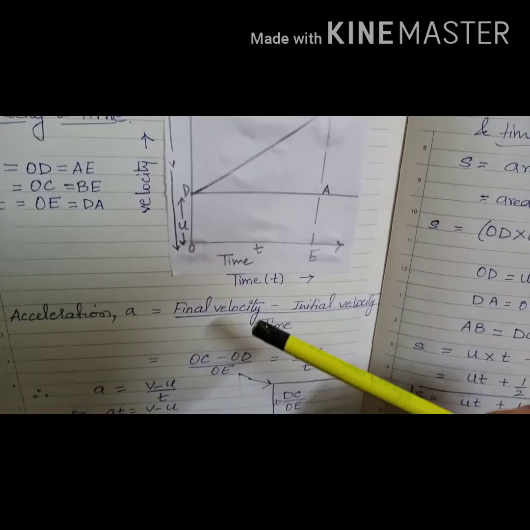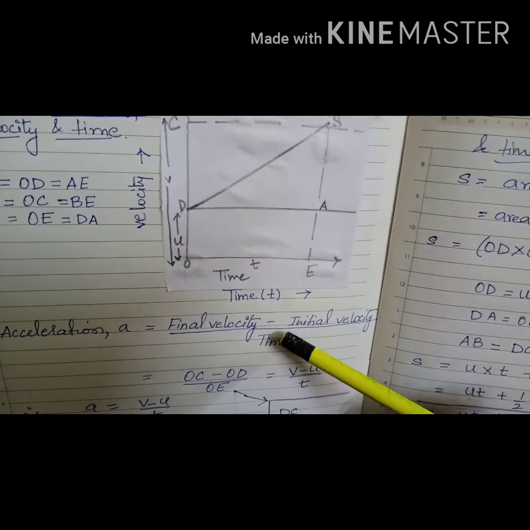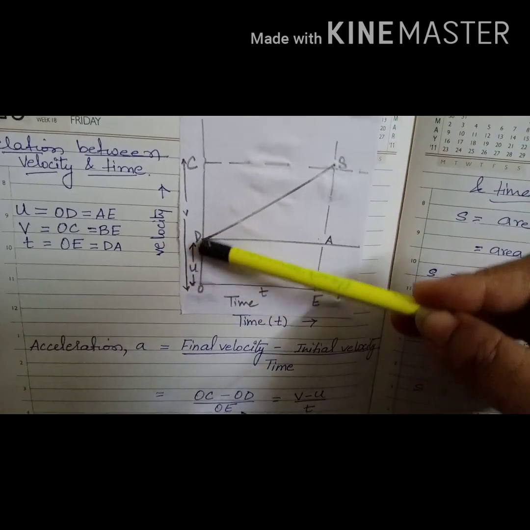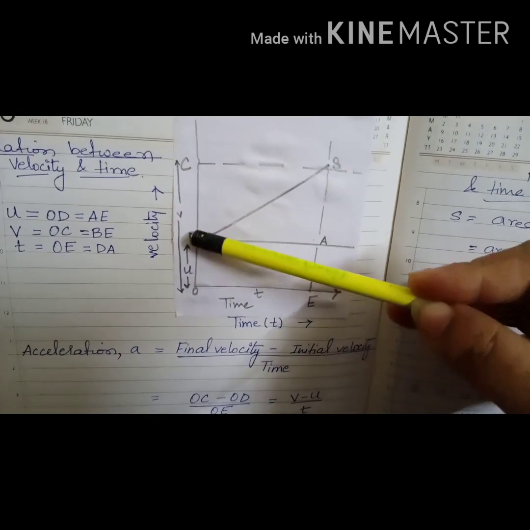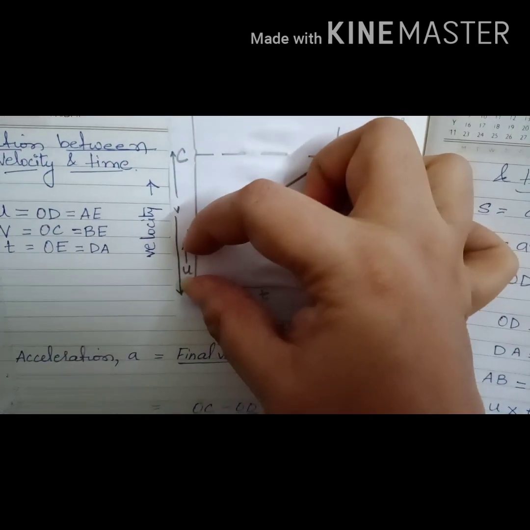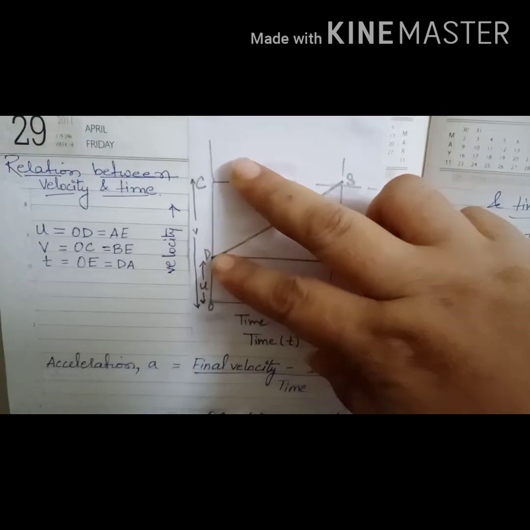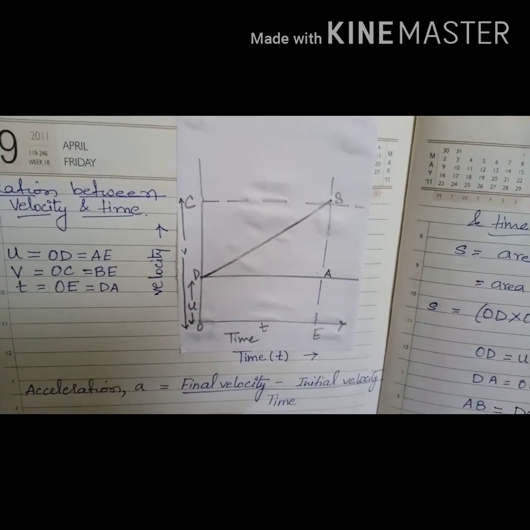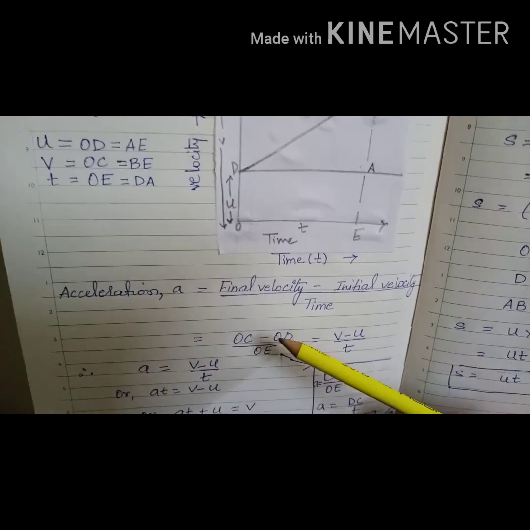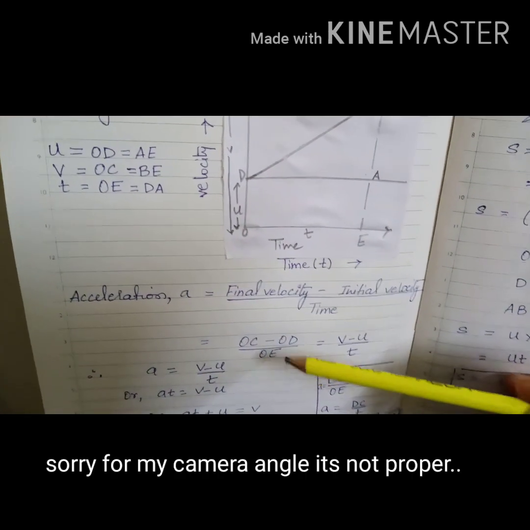Okay, now coming to this, final velocity minus initial velocity upon time. So OC minus OD. From this much, if you minus this much, what will remain? It will remain DC, and DC is AB. So all the same thing I have written, OC minus OD, that is DC upon OE.